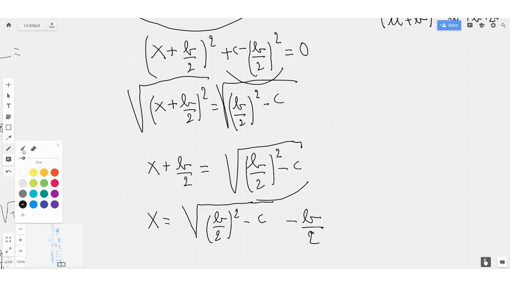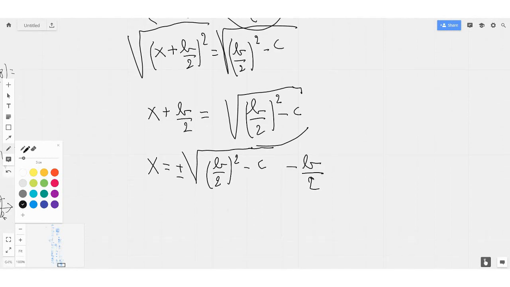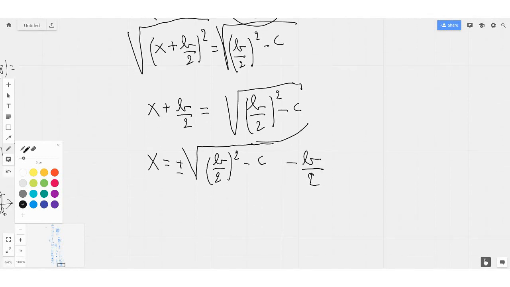So when you take the square root of this, you get plus minus the square root. So you get a plus and a minus here, minus b over 2. Alright, so this is a general method you can use to solve by completing the square.